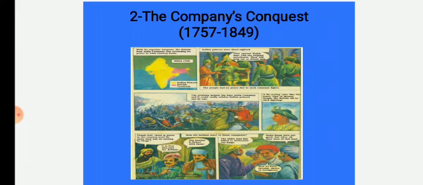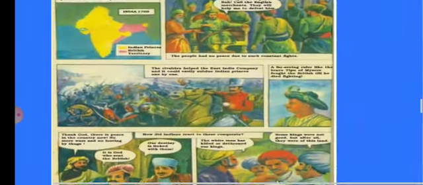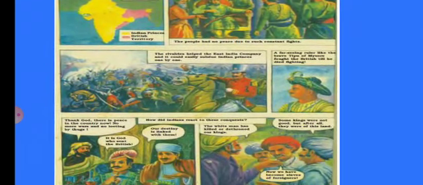Now, how did the Indians react to the conquest made by the English company? You can see in the picture what they said. Some of them thanked God as well as the British for restoring peace in the country. They thanked them because they had stopped looting us. But they said that their destiny was linked with the British. But there were others who felt unhappy, and they were discussing with each other, complaining that the white man had overruled them and dethroned their kings.